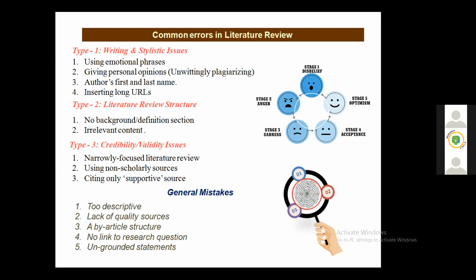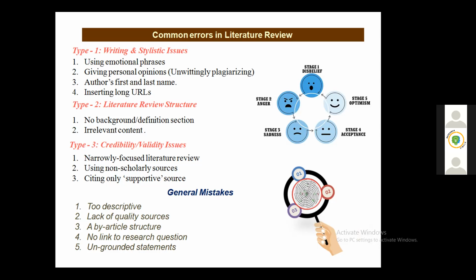Then type 3 error: credibility and validity issues. The person who published a paper may have some particular perception, but the one who is referring to his paper and highlighting a different perception, that is totally wrong. Then general mistakes are: too descriptive in nature, lack of quality of sources, no link to the research solution, ungrounded statements.